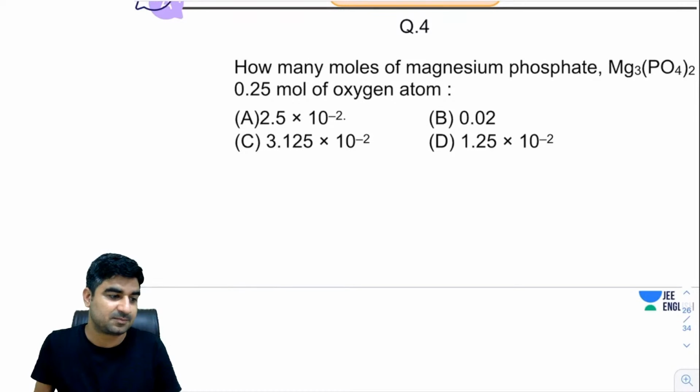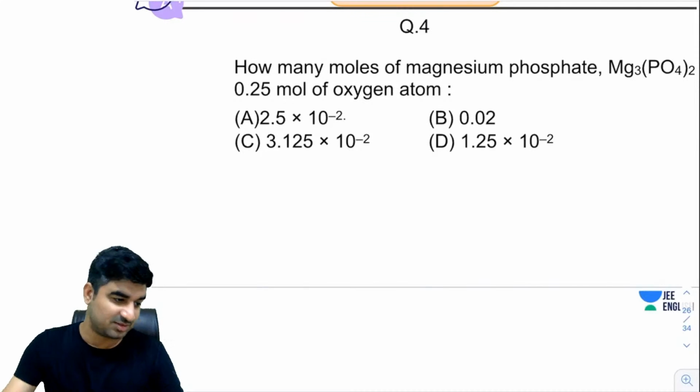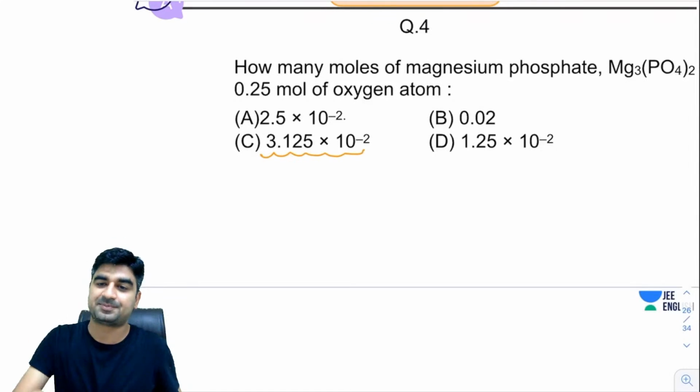Now solve this. 4 education says it's C. Let's see. And what all others are saying.